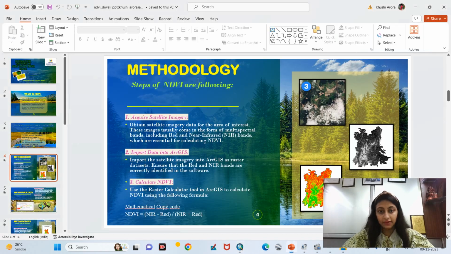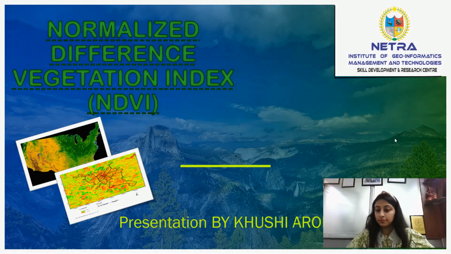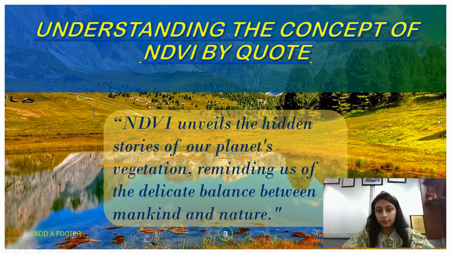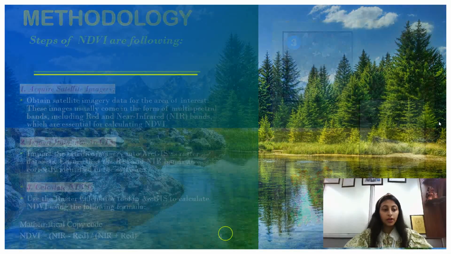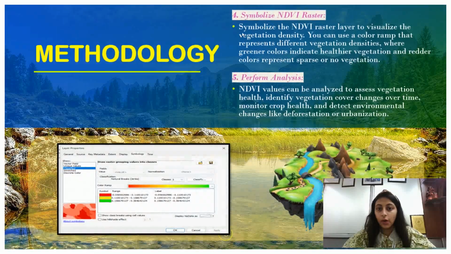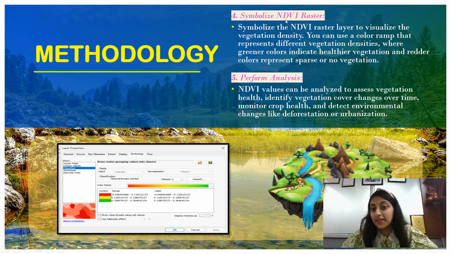So again, let's go. We are completing from here now. We have to go to Symbology and then the raster, where we symbolize our data into categories to visualize the vegetation density.